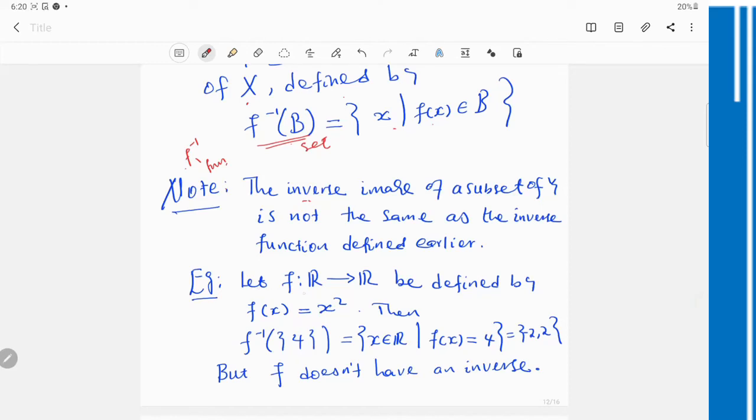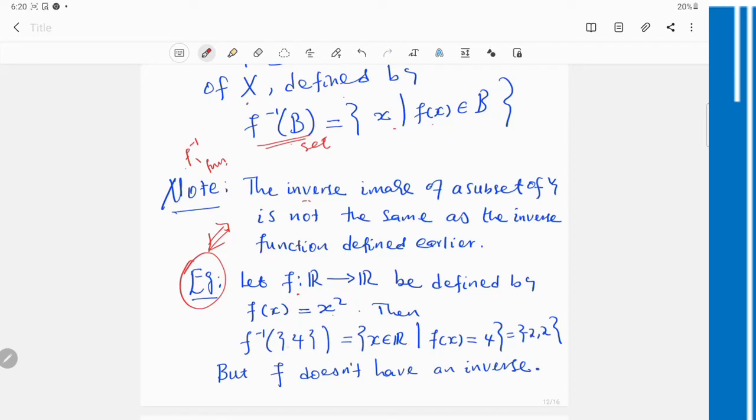So for example, let f be from R to R, defined by f(x) = x squared. The example is just to elaborate this statement.